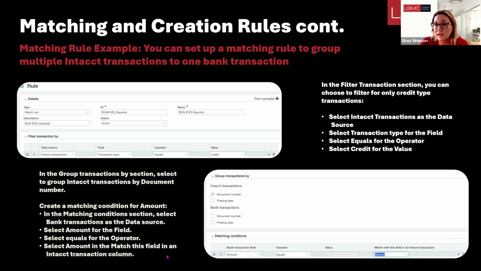So we are able to create a matching rule that says, I want you to take multiple transactions in Intacct, and I want you to match them to one lump sum amount on the banking side. So that's a good example of that matching rule.